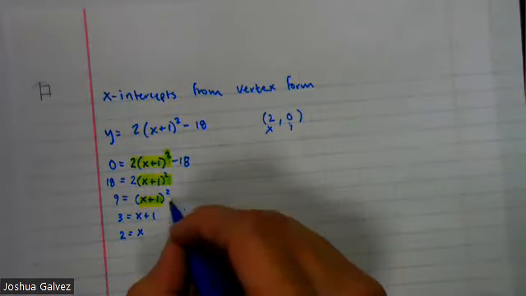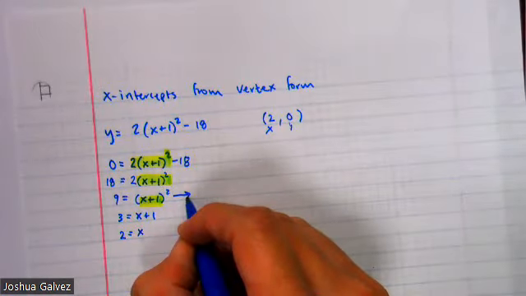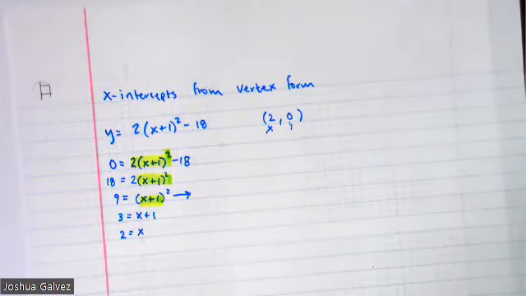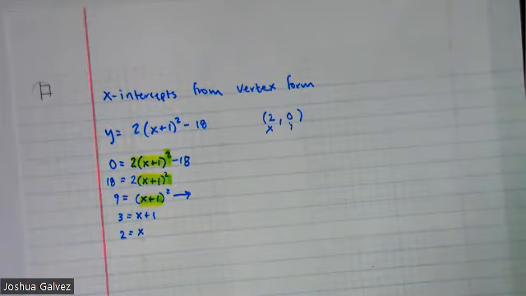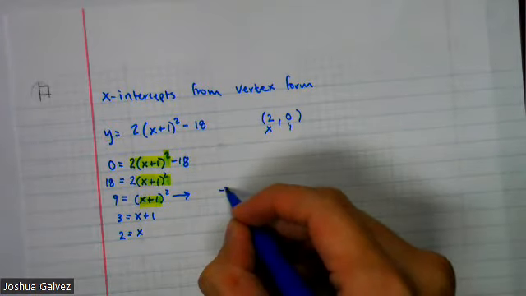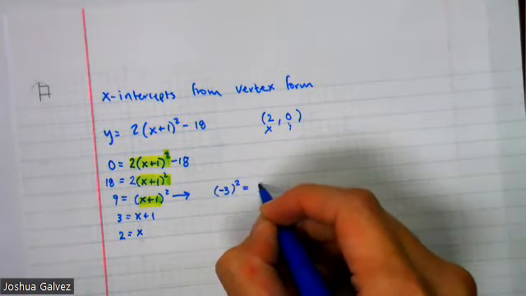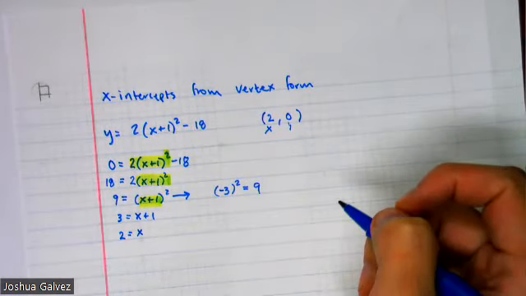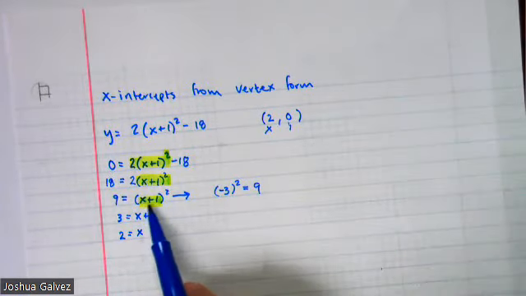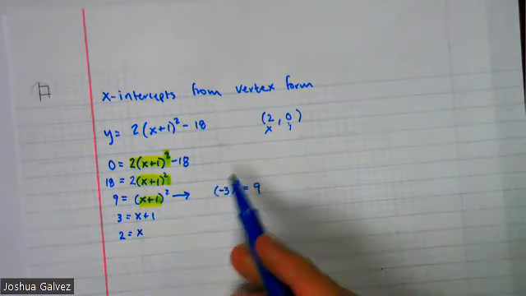Now, at this step, there's another direction you can go. You have to think about squareds, right? So x plus 1, we said, could be 3, but 3 is not the only number that you can square to get 9. You can also square negative 3, because negative 3 squared is also equal to 9. So this highlighted stuff in here could also be negative 3.